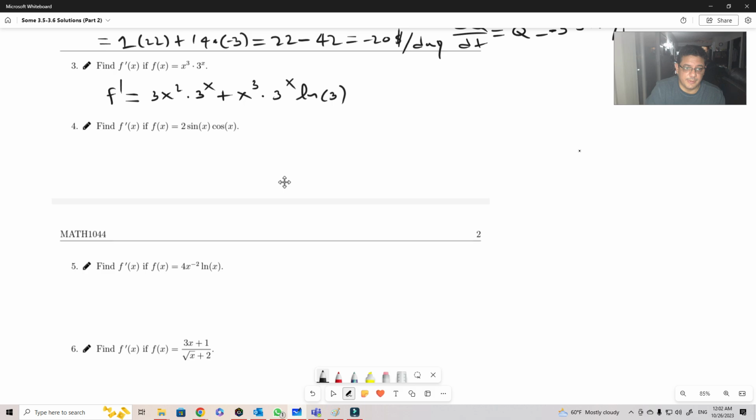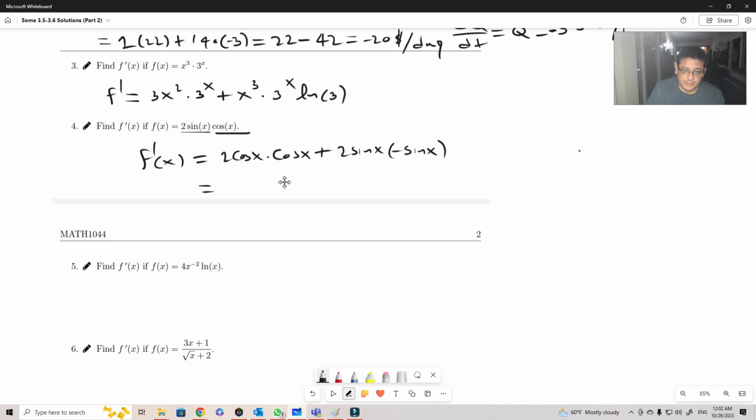Now, for the next function, we have 2 sine of x cosine of x. We can consider this f, we can consider this g, or the first function, the second function. So derivative of 2 sine of x will be 2 cosine of x times cosine of x, which is this one without any derivative, plus 2 sine of x, and then the derivative of cosine, which is minus sine of x.